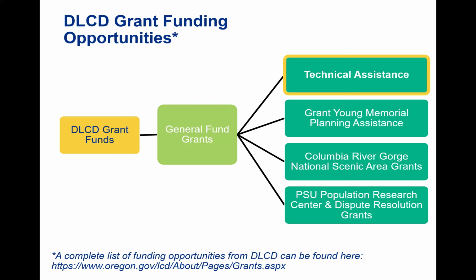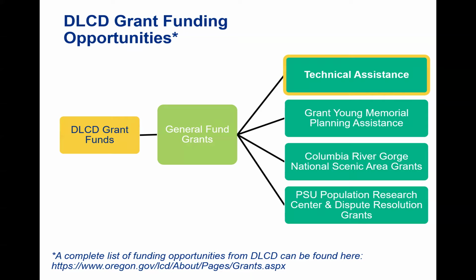I should note that the legislature specifically requires funding of the Population Research Center, which does the population projections that have to be used by cities and counties in Oregon for planning purposes. It's a top priority in our grant fund, and they will take up approximately $400,000 of that $1.8 million.